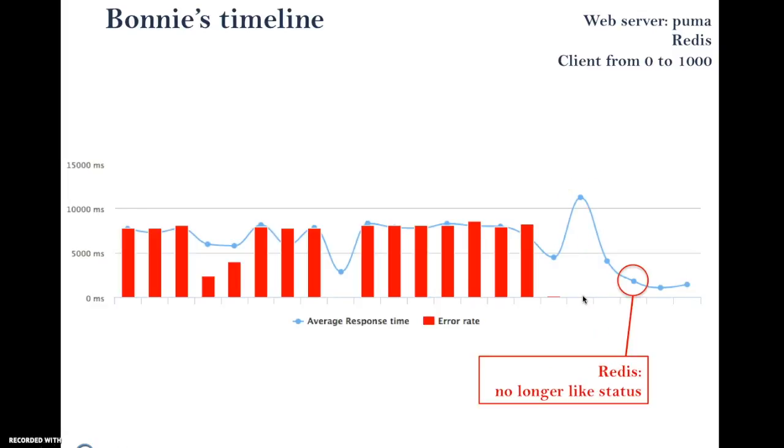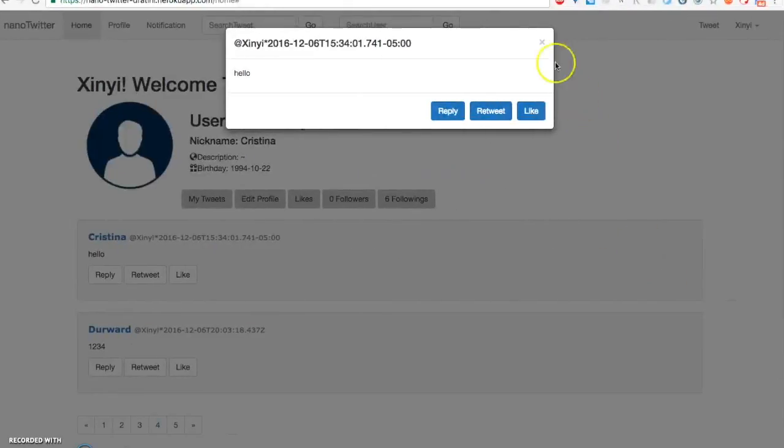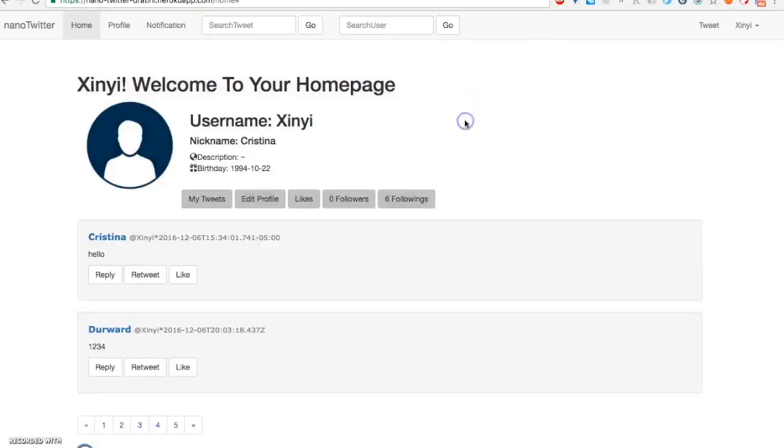So then we changed our algorithm so that we no longer get the like status. At this time, the average response time decreased more. And also, we cached the user information in Redis, because on the homepage, we have to get the information of a single user every time.